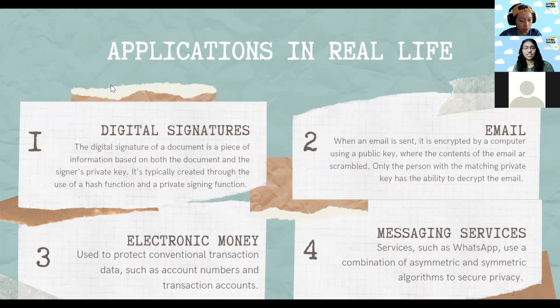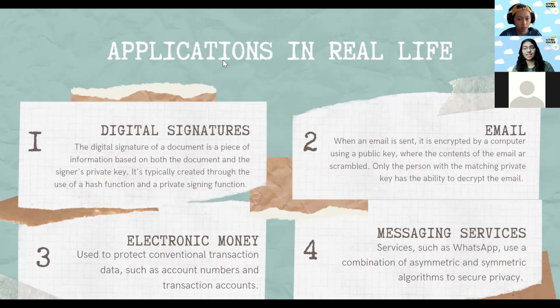A digital signature of a document is a piece of information based on both the document and the signer's private key, and it's typically created through the use of a hash function or a private signing function. This is an example of asymmetric encryption, in which the sender has access to the private key, which keeps their digital signature safe.